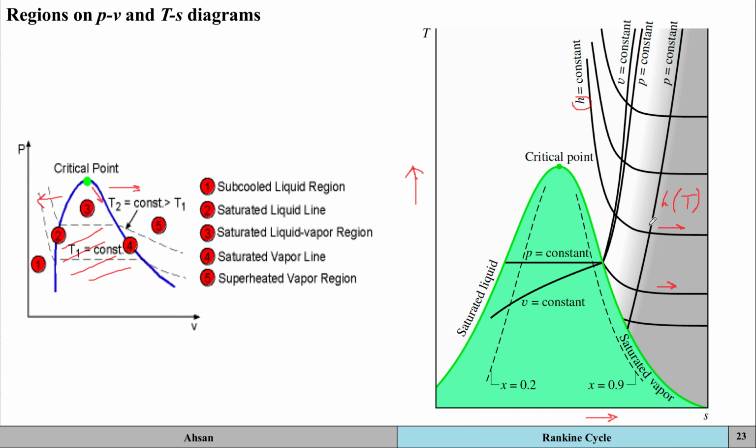Whereas outside of the shaded region, enthalpy depends on the temperature and the pressure value as well. Okay? So you need to look at both these values, but in the shaded region, you can just look at the temperature and find out the enthalpy across it.